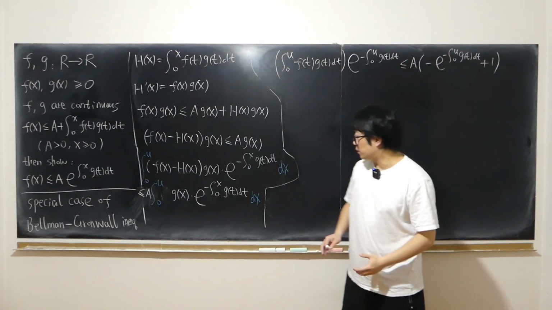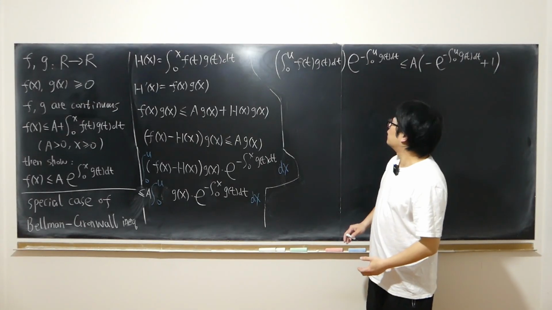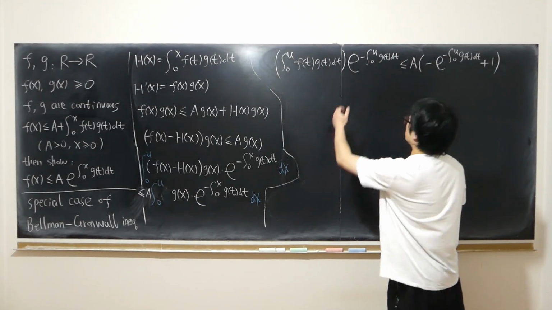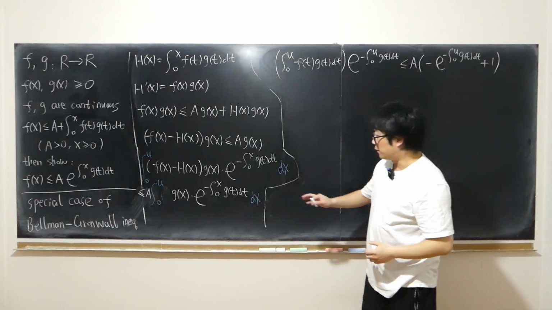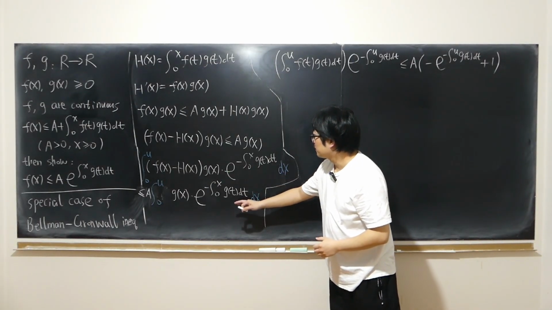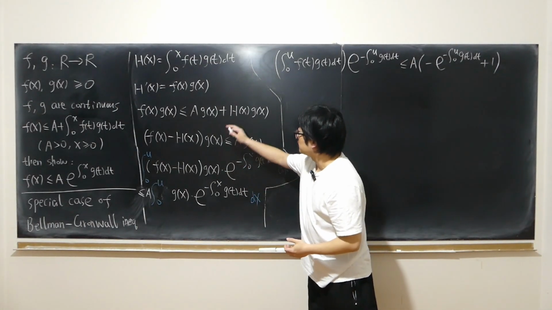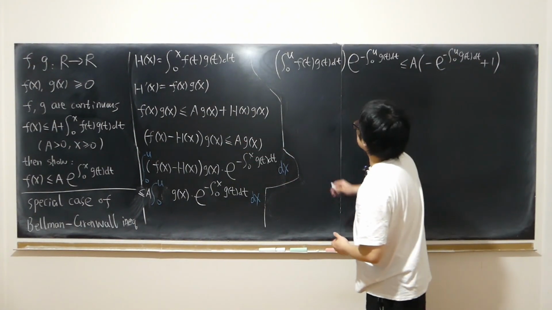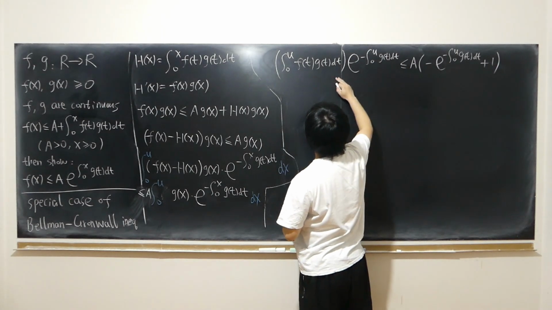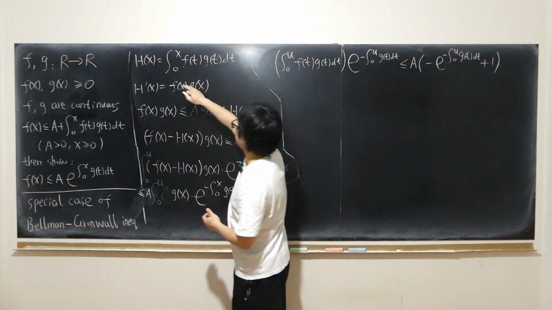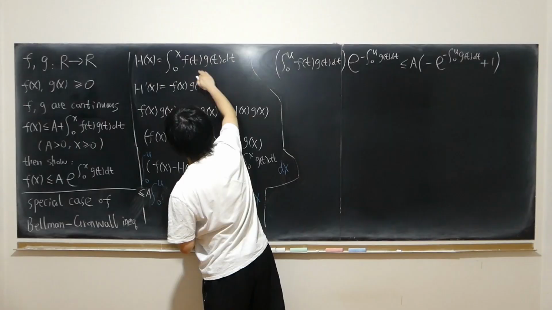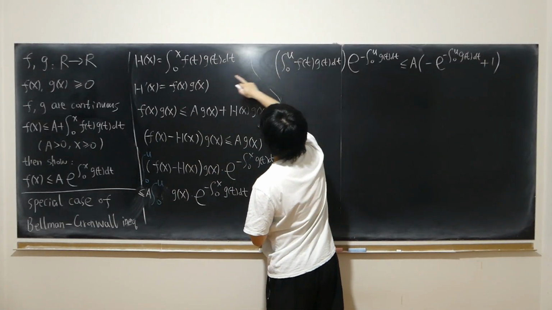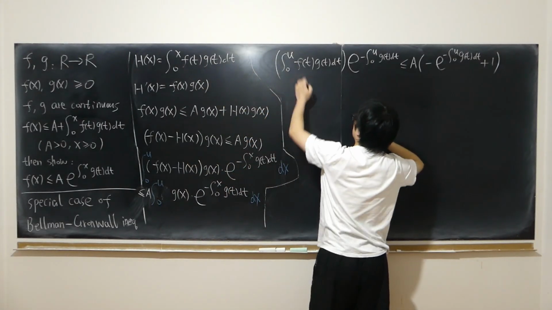Now, so far we've concluded that this inequality holds, resulting from this inequality. Notice that this is in fact h of u, because I let h of x equal to this changing upper bound integral. The only difference is that there I have x, here I have u.